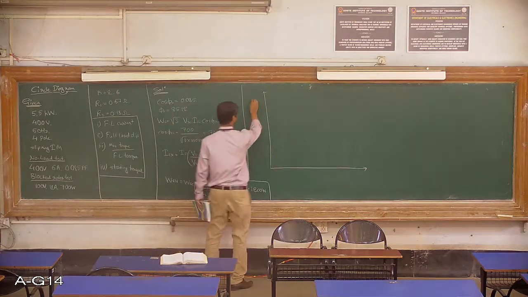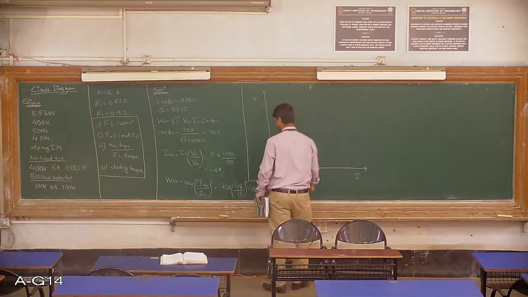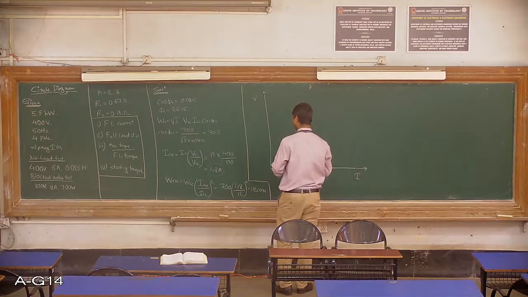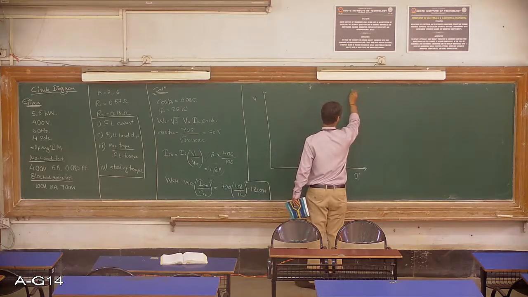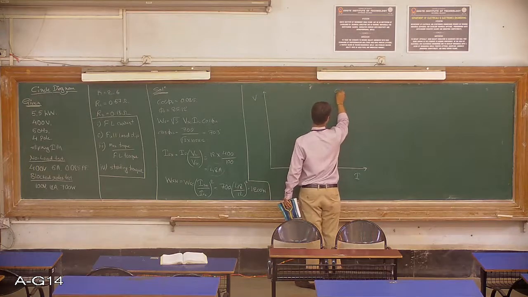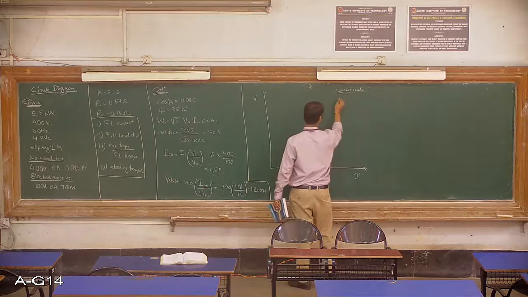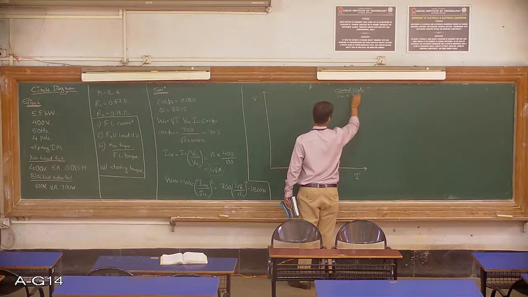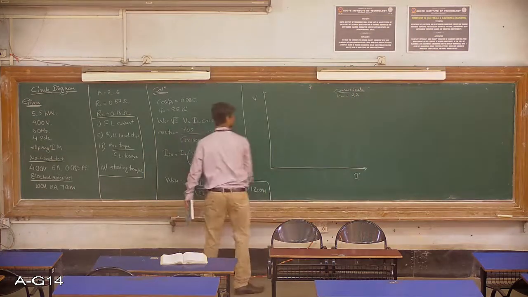Now this is voltage scale, this is current scale. To accommodate 48 amperes in the graph page, let me take the current scale as 1 centimeter equal to 3 amperes.